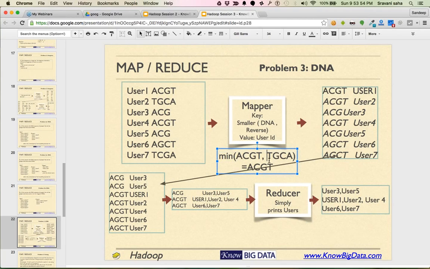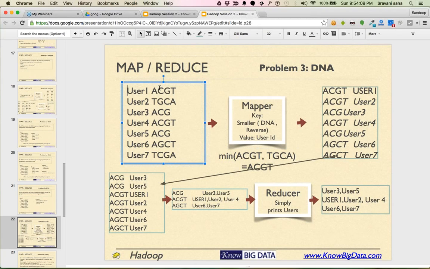This guarantees that all the nodes that have the same DNA or the mirror image will have the same key. Let's take a case for ACGT.